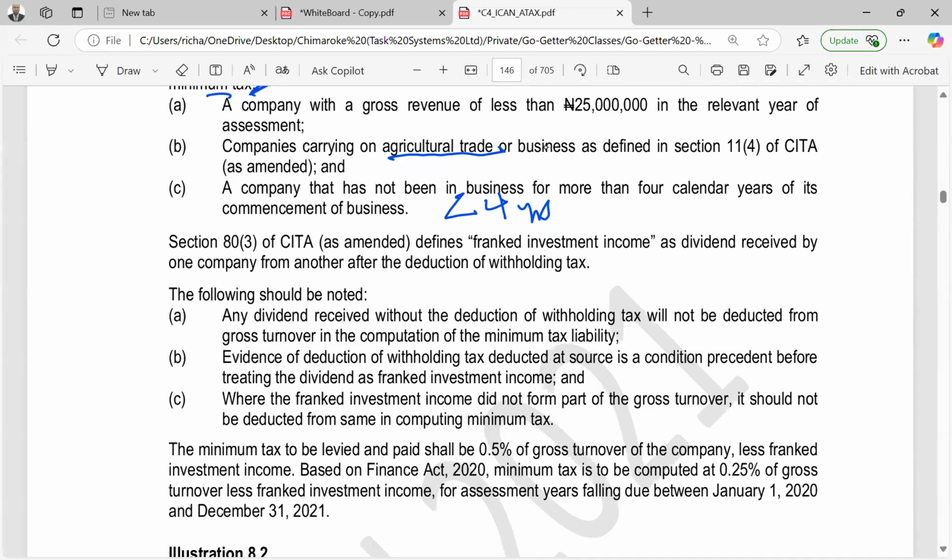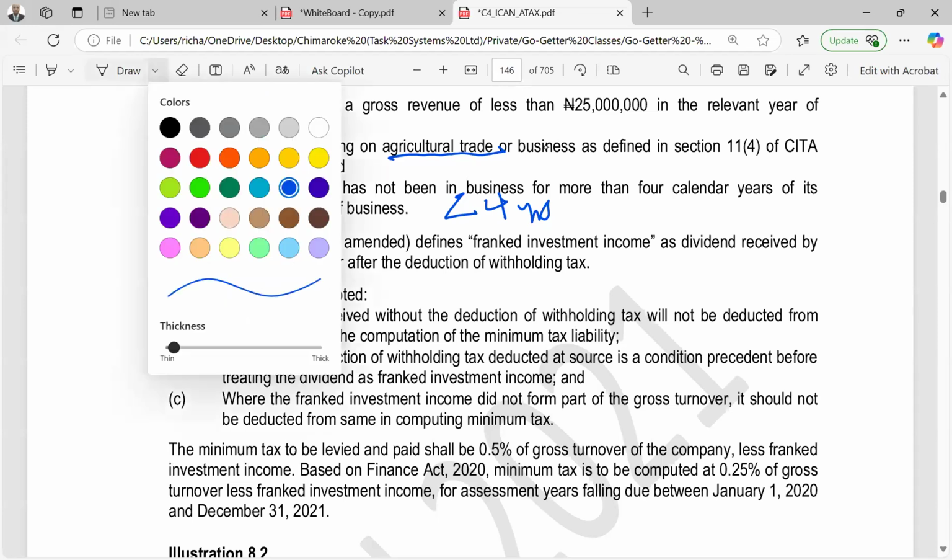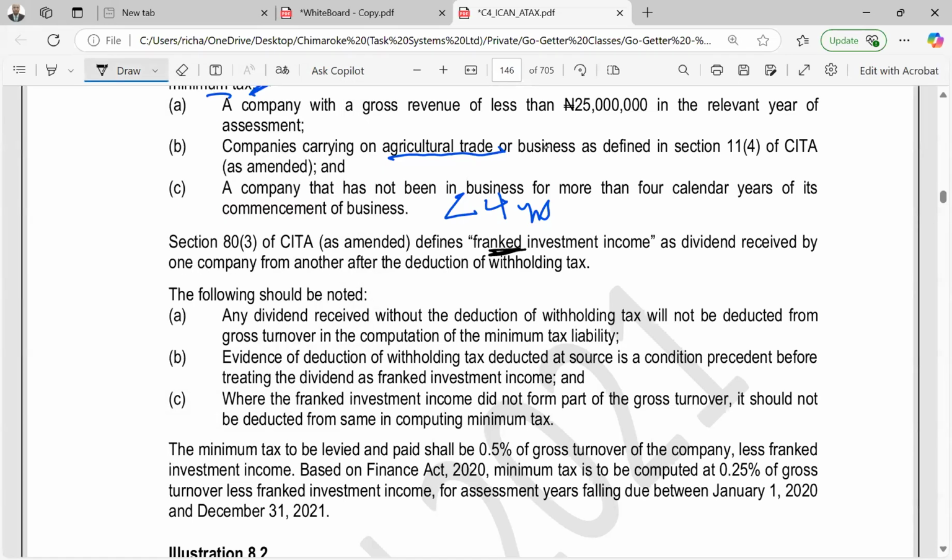That dividend, as it is being received, when you are calculating your gross income, you need to deduct that revenue, that dividend that is called frank investment income.